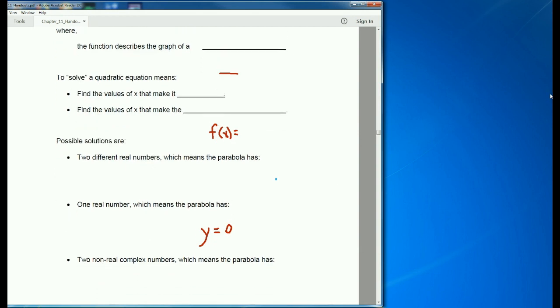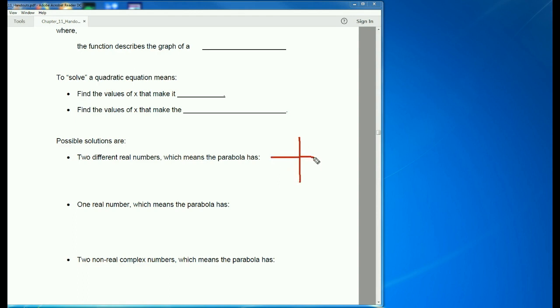The possible solutions are either two different real numbers, which means that the parabola has two x-intercepts. You could end up with just one real number, which means the parabola has a single x-intercept. Remember, we looked at these the other night.